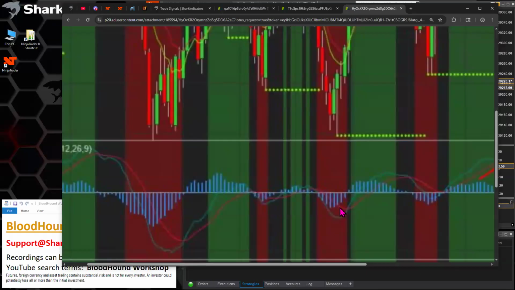The average line continues to go down, and then it looks like it's beginning to slope up, and so the shorts come to an end right here. Average line is continuing to slope up.